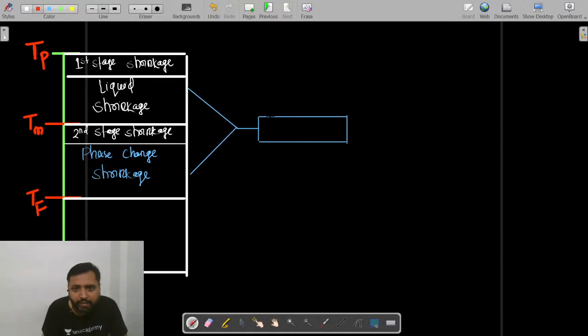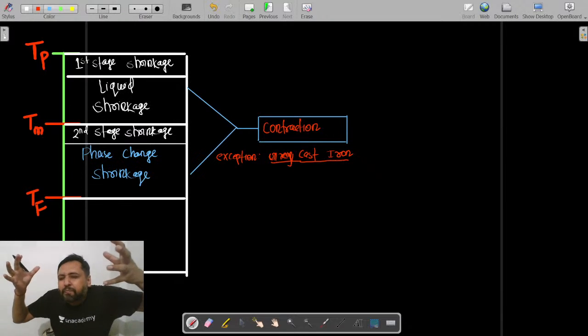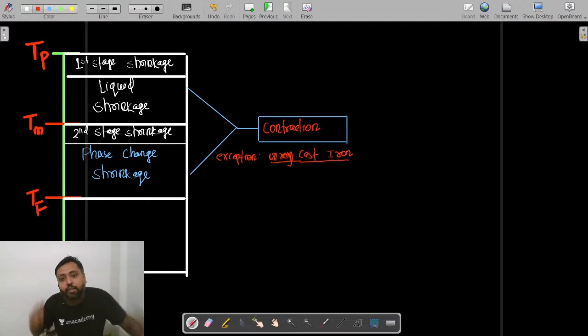There will be volume contraction. Only one exception, gray cast iron. To know the reason, join me in engineering materials classes, where I will explain the perfect reason why gray cast iron, instead of reducing in volume like all the other materials, increases in volume. Gray cast iron actually expands during the second stage of shrinkage.